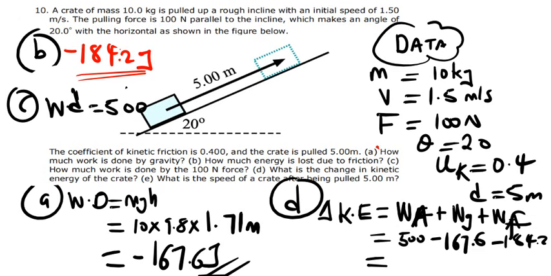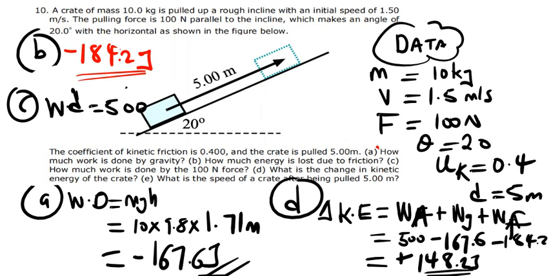So I'm just going to do everything: 500 minus 167.6 minus 184.2. I'm finding positive 148.2 joules. So basically that is what I have.